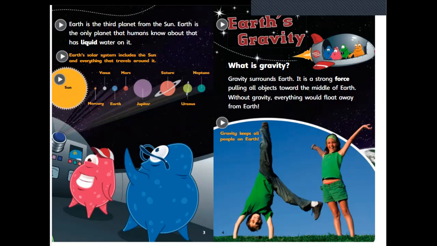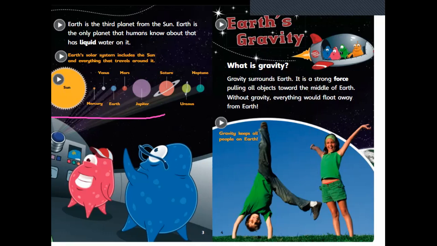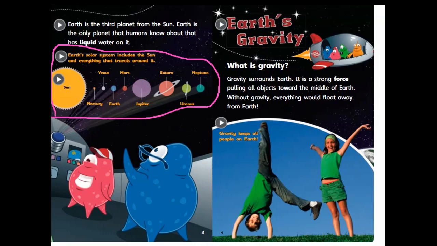What does the illustration on page 3 tell you about Earth that is not in the text? Looking at this illustration again on page 3, what does this tell you about Earth that's not in the text?